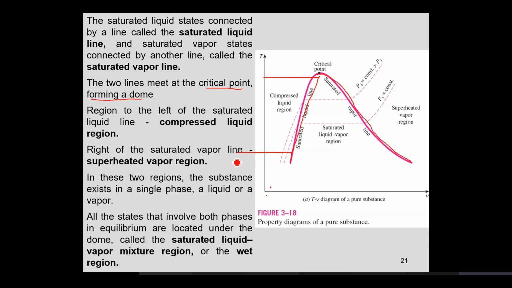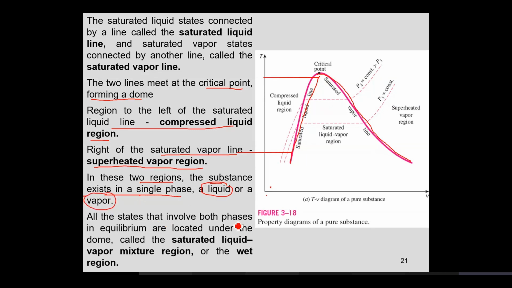A region to the left of the saturated liquid line is basically the compressed liquid region, and region to the right of saturated vapor line is basically the superheated vapor region. And in these two regions, the substance exists in a single phase. Either it exists as a liquid or it exists as vapor.